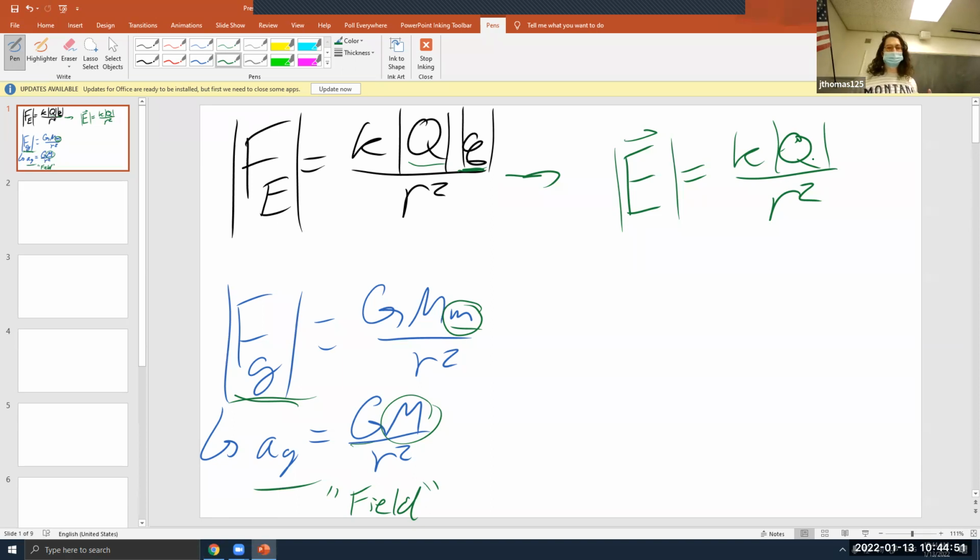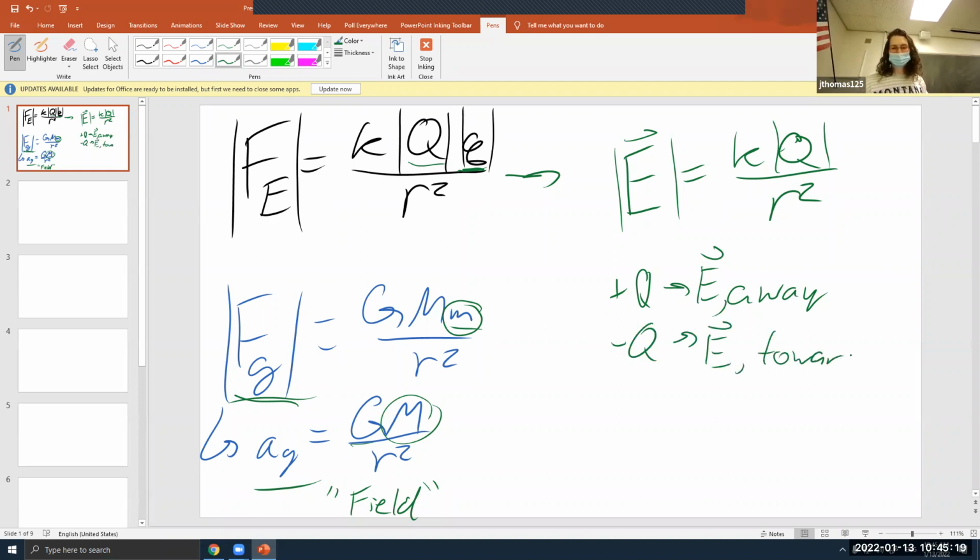And the rule is that a positive charge produces an electric field that points away. A negative charge will produce an electric field that points toward the charge.